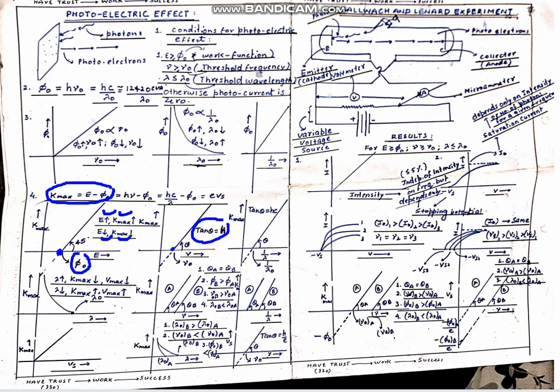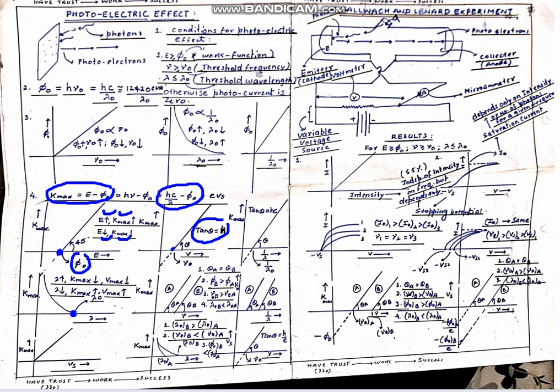Now let us analyze the graphs of kmax and lambda. So from here we can see that there is inverse relation graph. So shape of graph will be rectangular hyperbola, and at lambda is equal to lambda naught, kmax will be 0. And since no photoelectric effect is possible for lambda greater than lambda naught, so graph will be limited to this point.